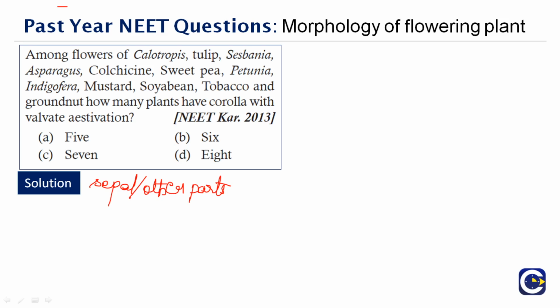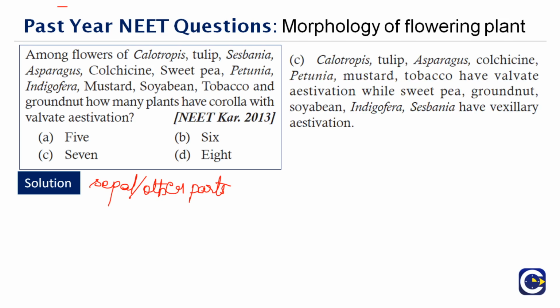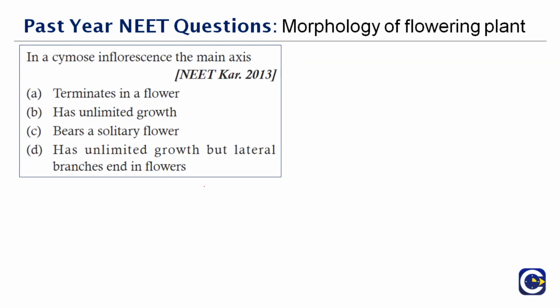And the answer to this question is which option? What do you think will be the answer here? The answer is 7. Calotropis, tulip, asparagus, colchicine, butea, mustard and tobacco have this valvate aestivation, while sweet pea, groundnut, soybean, indigofera and caesalpinia have vexillary aestivation. Therefore the right answer to this question is option 7. They do not overlap.